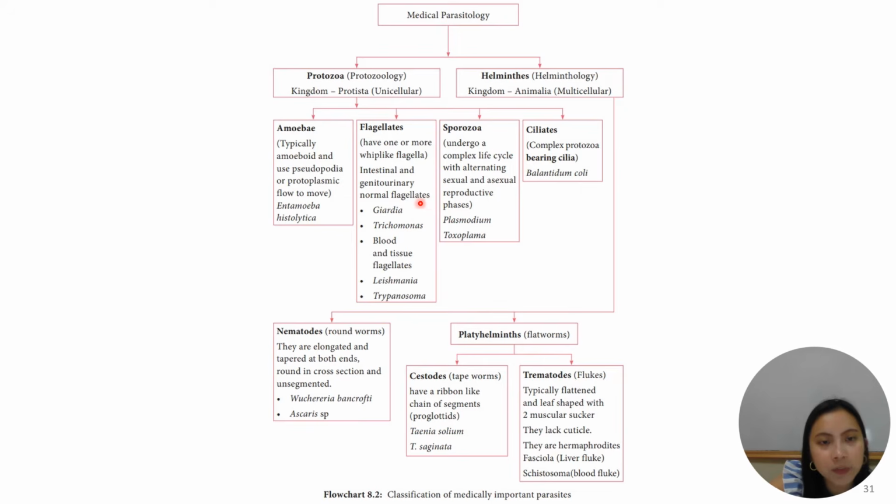Right? So for the species, I know that you're already familiar with this. Usually the scientific names of the species are Latinized. All right? You can see that there. And for now, just know that these are the different classifications of medically important parasites.